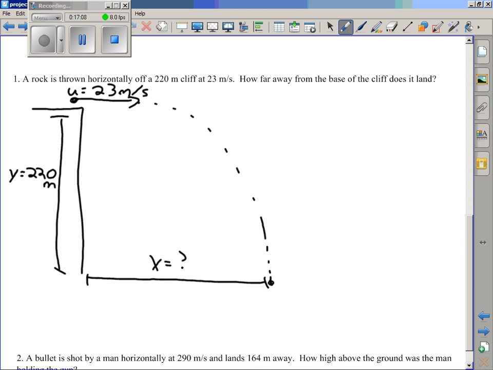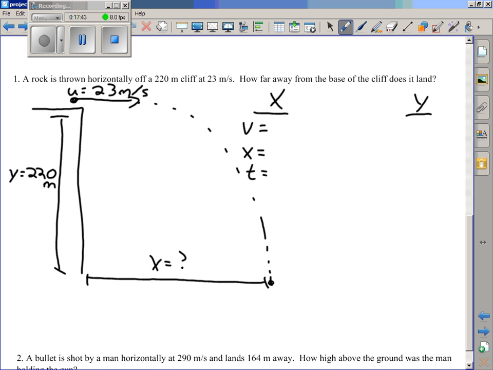All right, so now I'm going to set up my two axes, x and y, and write down everything I know and what I'm looking for. Now, the x-axis is constant velocity. What are the three variables? There are only three variables you have to deal with for constant velocity. Velocity, right, v equals s over t. All you have to deal with is velocity, displacement, which I'm going to use x for, and time.